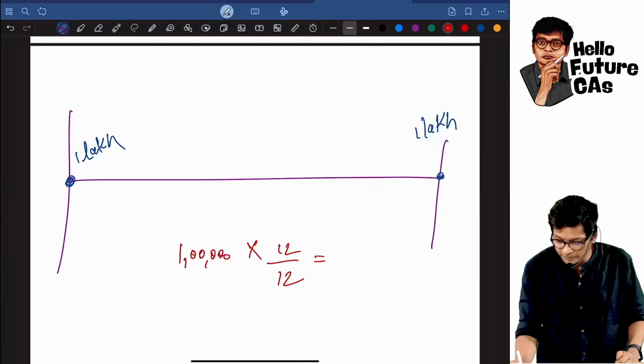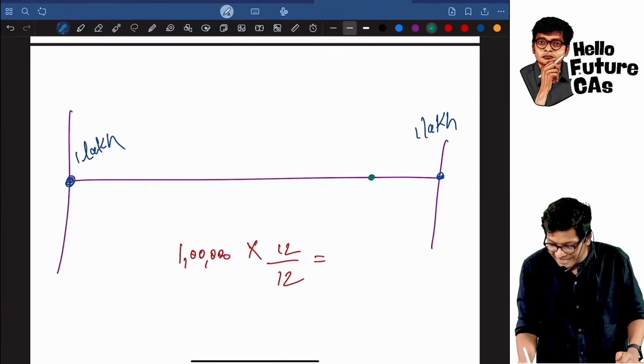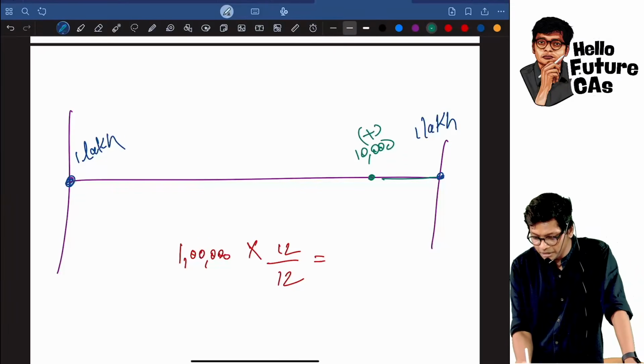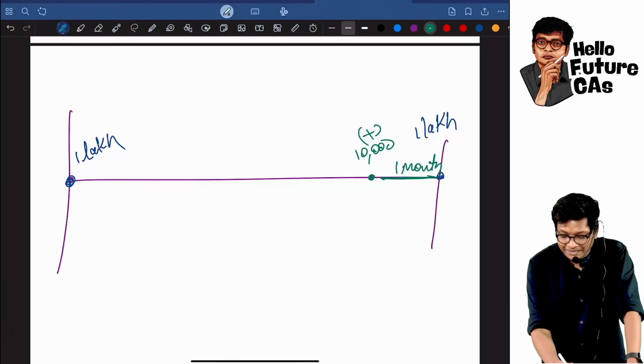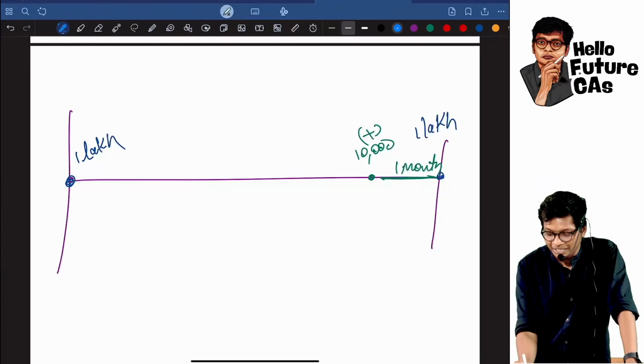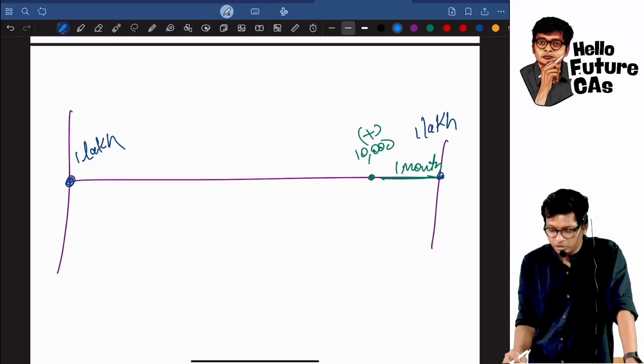When this concept comes, assume at the end of the year another 10,000 shares are added, and they are there only for 1 month. In that case, I can't take 1 lakh 10,000, because of a simple concept.